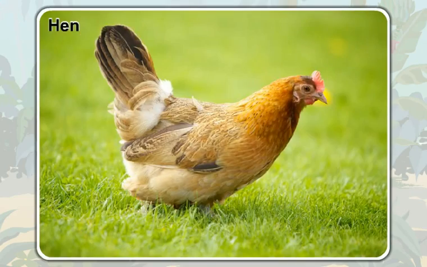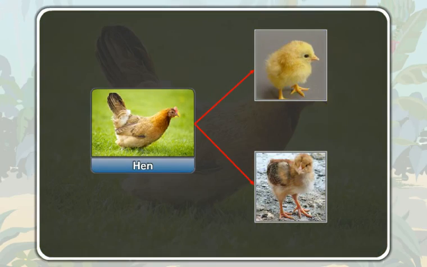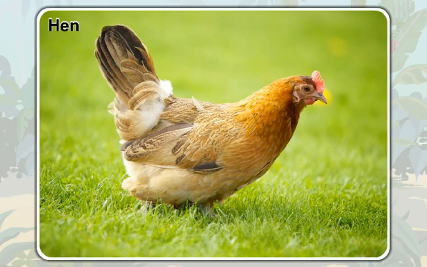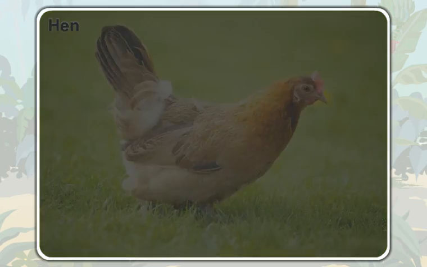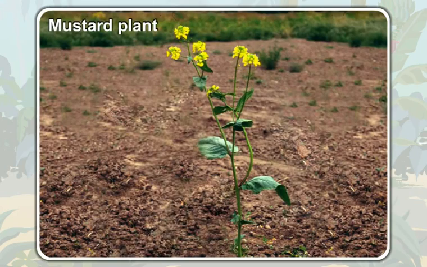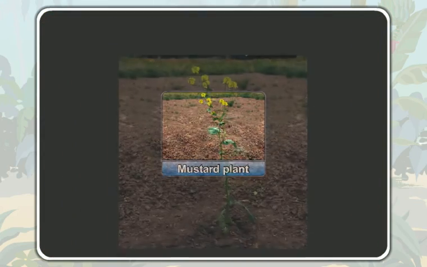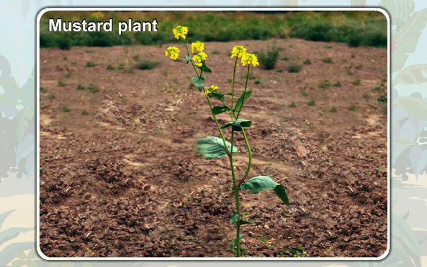If a hen does not reproduce, we will never see another hen again. If a mustard plant does not reproduce, we will never see another mustard plant again.